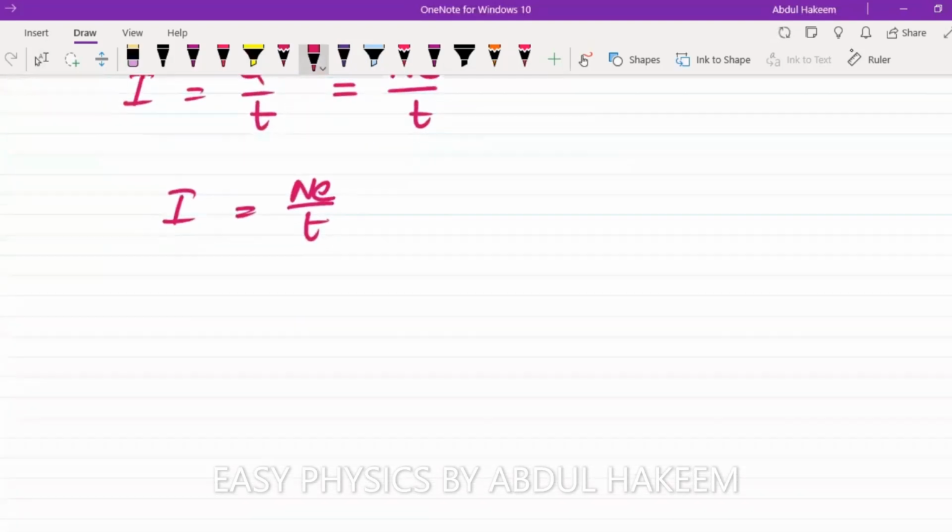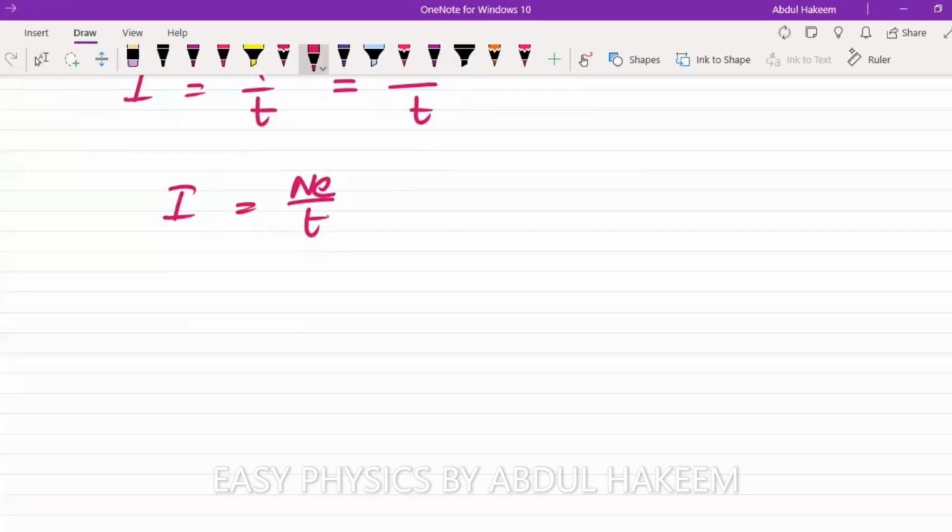Now, this N is the number of electrons, e is the charge, T is the time. The number of electrons per unit volume of the conductor is called number density, eta.